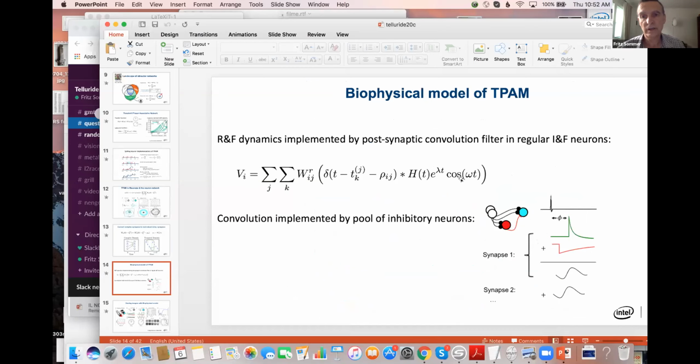That's one way you can formulate the dynamics, which is then equivalent to the resonate and fire neuron. And then the question is, how can you actually implement these kernels? One way to do that is to use inhibitory pools of neurons that get you such a wiggly postsynaptic potential. Does this answer the question?